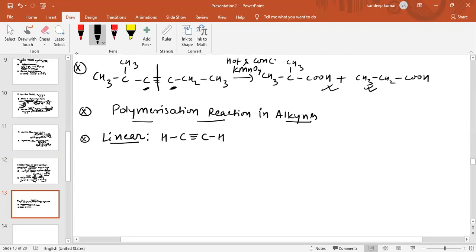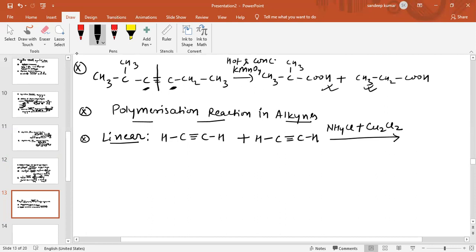When there is addition of another molecule like H, C triple bond C, H, this happens basically in the presence of ammonium chloride and cuprous chloride, CuCl2.